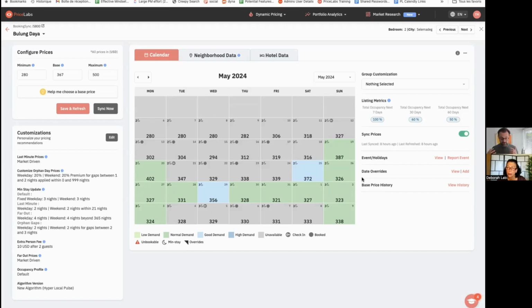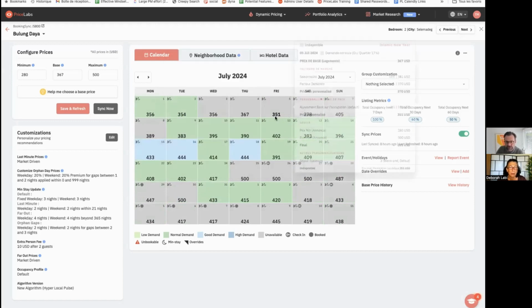We don't just build a model per market like a city. We really build a model for each and every listing because we know they're different. We know if you have a 1-bedroom, booking patterns can be very different for a 4-bedroom, obviously in the same market, right? So we do this, and as I said, adding your own property data, we're going to be able, for example, here to have a price for every date in the future.